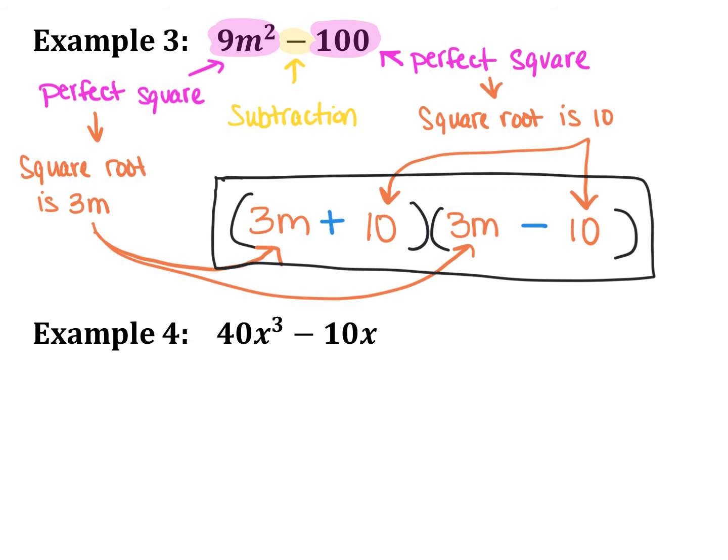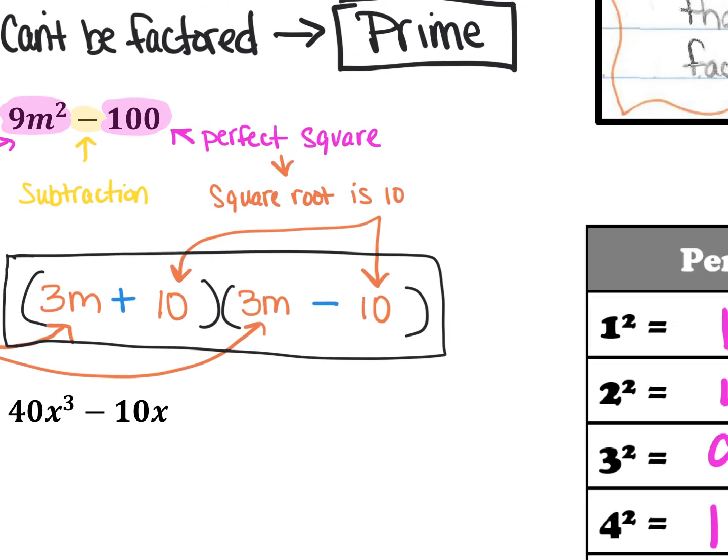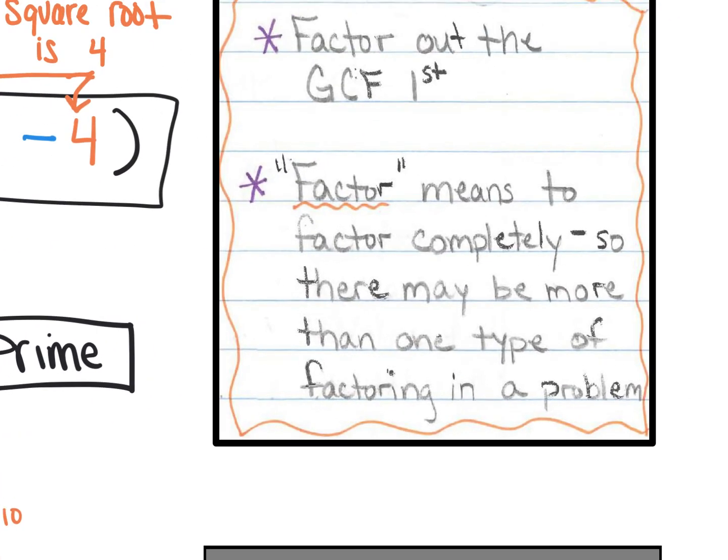Now, if you made it this far, you're probably feeling pretty good about your difference of squares pattern. And then you look at example 4 and you feel like, whoa, wait a minute, this doesn't look like our difference of squares pattern. So I am going to bring your attention, there was one other thing on the notes page. I'm going to scroll over to the top right corner here.